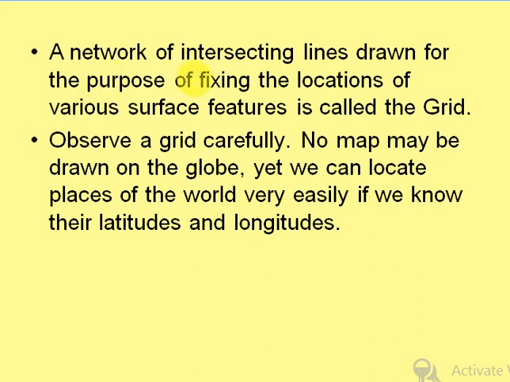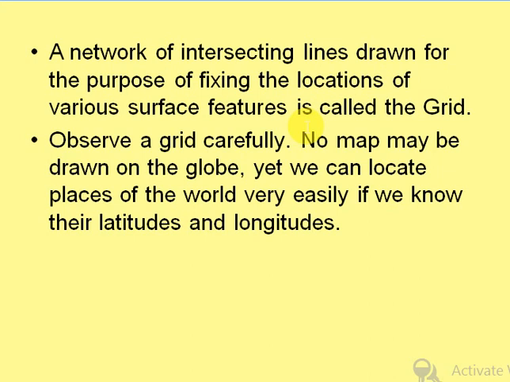Once again, a network of intersecting lines means lines crossing each other, drawn for the purpose of fixing the location. What is their purpose? To fix the location of various surface features, and that network of lines is known as the grid.